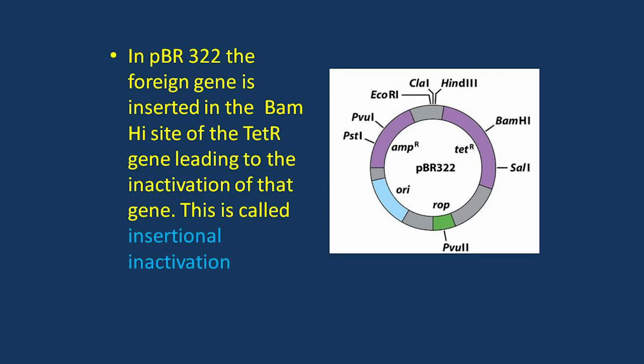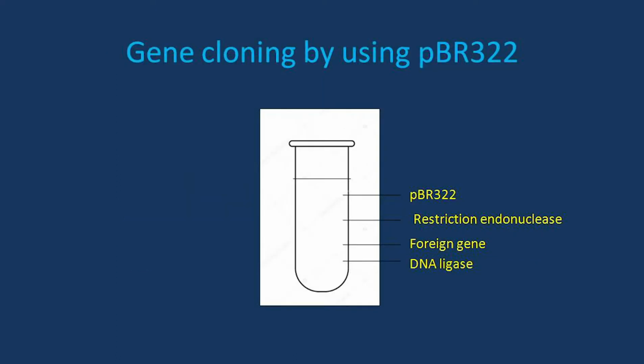It does not produce the enzyme anymore that breaks down tetracycline. This is called insertional inactivation. In the procedure, we take along with the buffer pBR322, restriction endonuclease that cuts inside the tetracycline resistance gene, the foreign gene, and DNA ligase.